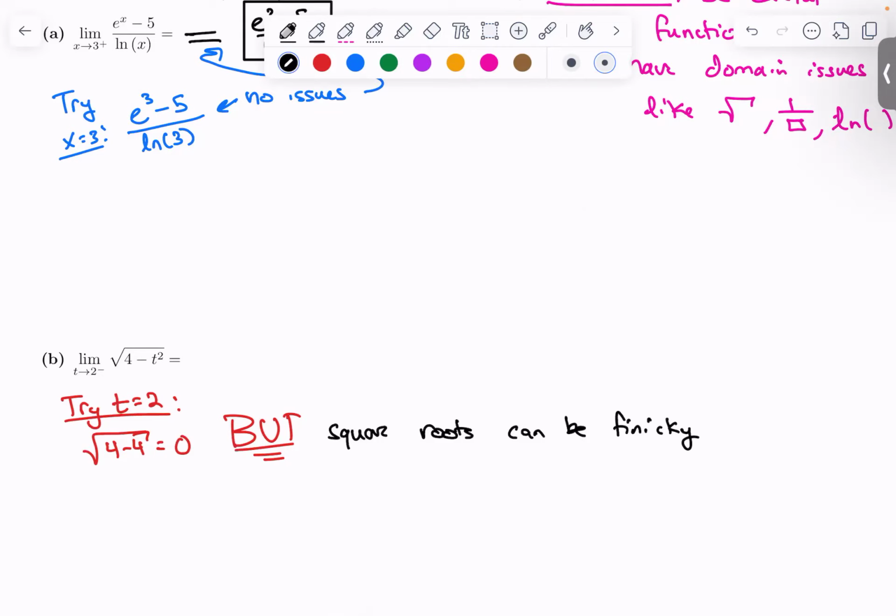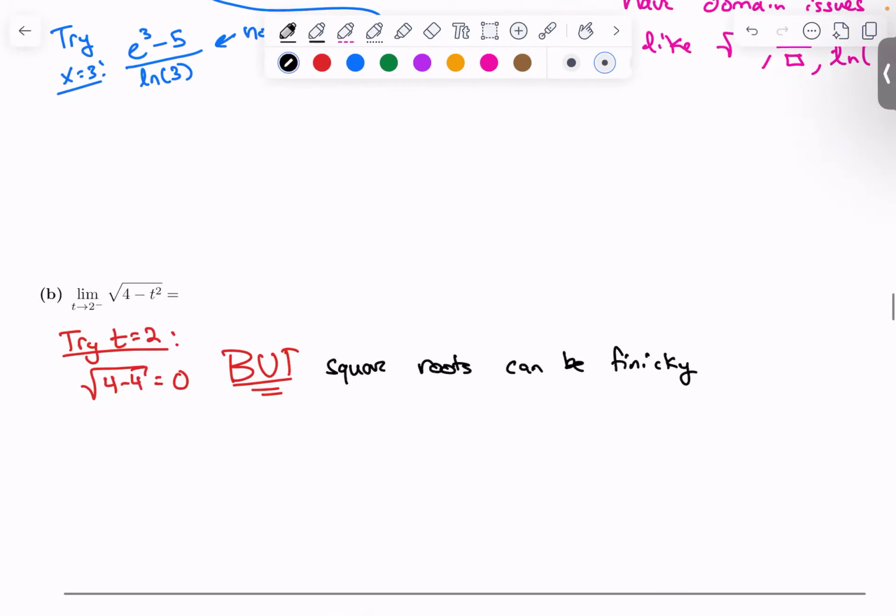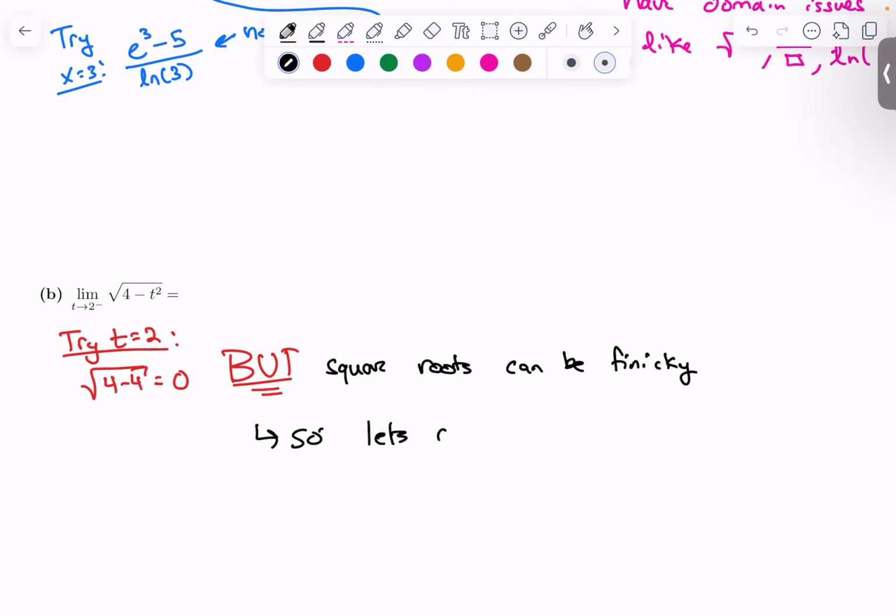But square roots can be finicky, so we should check it, especially since this is right at its dividing value. So let's check by trying t equals 1.99, a number slightly less than 2.